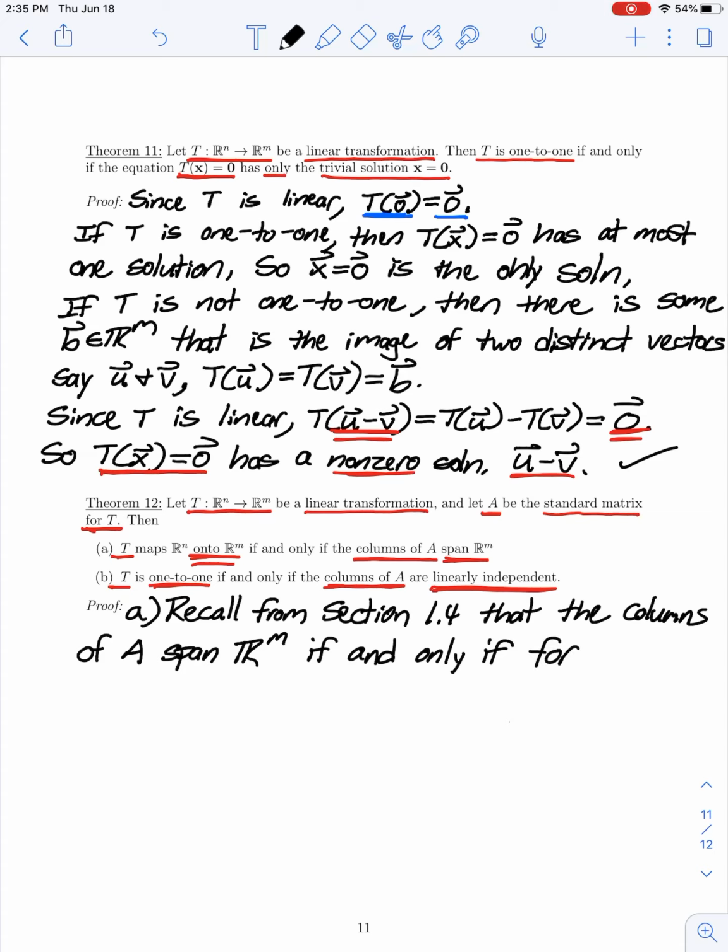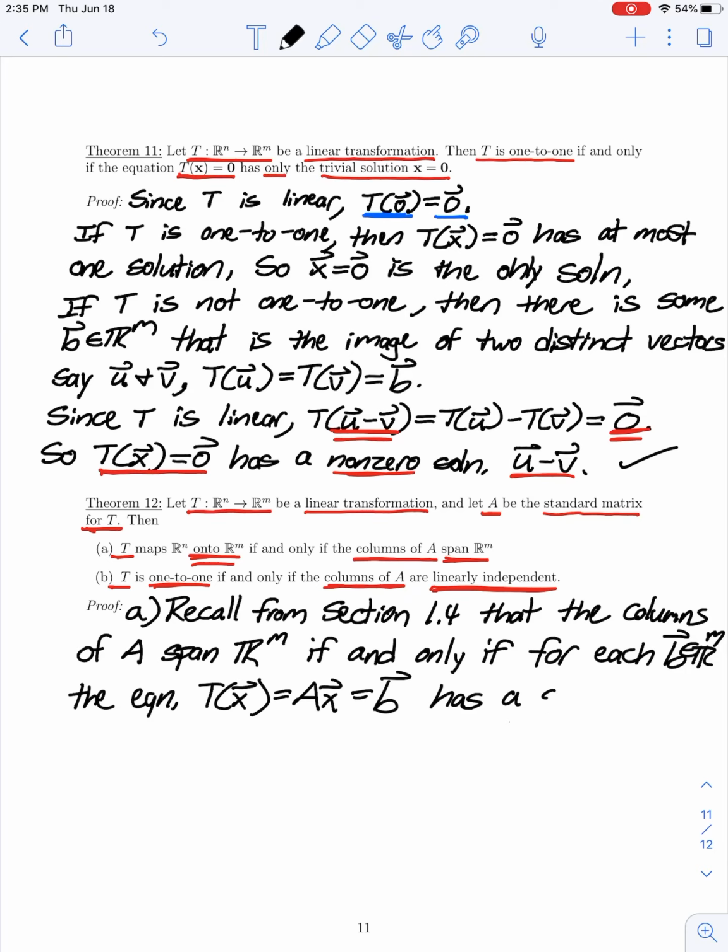for each vector B in the codomain Rm, the equation T of x, which would be matrix transformation A times x equals B, has a solution.